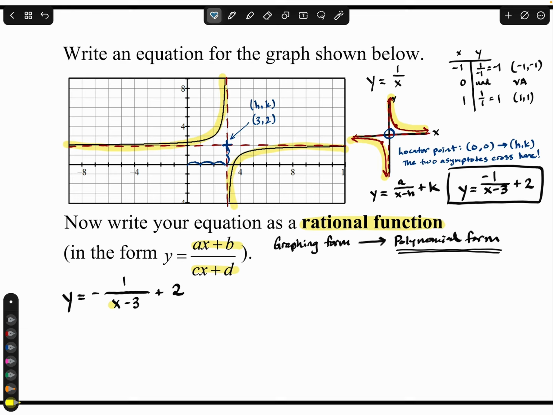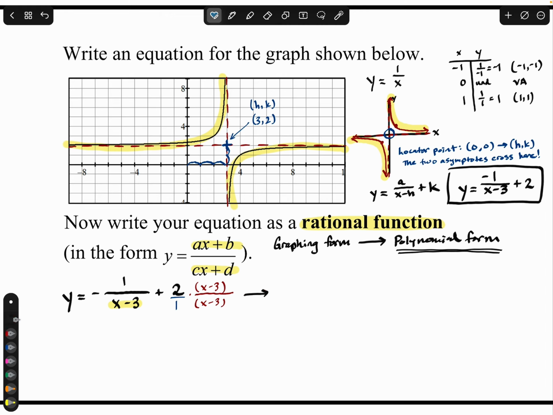And if we look here, x minus 3 is the only denominator we can see. So since we know that 2 is just over 1, we're going to give it the same denominator. We're going to multiply the 2 by x minus 3 over x minus 3, so we can get the common denominator.